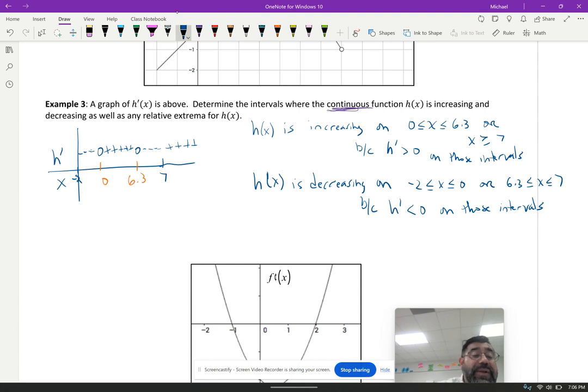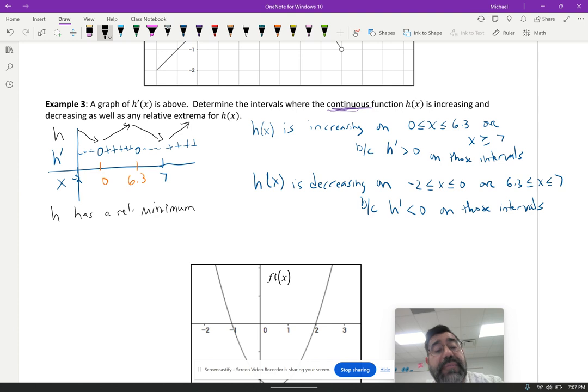Are there any relative mins or maxes? So if I draw H, according to this, I have negative slopes, positive slopes, negative slopes, positive slopes. So what's going on here? Well, I think I have a relative minimum at x equals 0 and at x equals 7. So H has a relative minimum. Some people call it a local minimum.